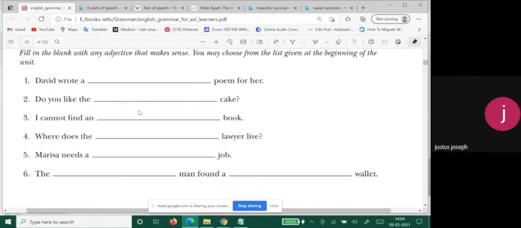Sly. Artful. Scheming. Not to be used with a person or something.